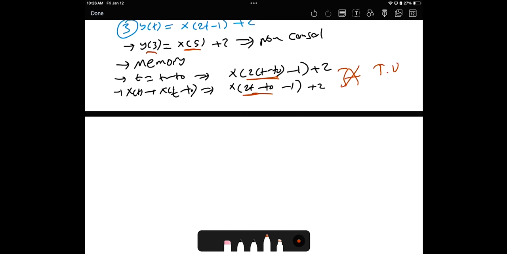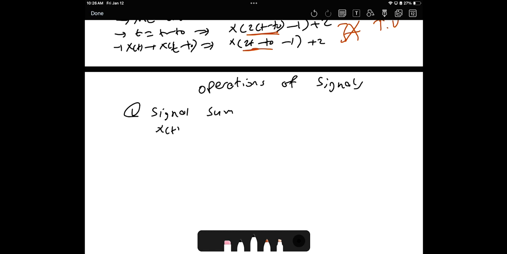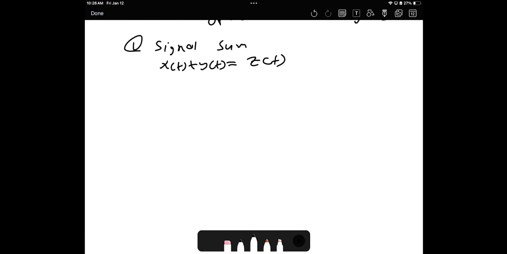Okay, let's go to operations on signals. It's going to be trivial and we'll know it. The first one is the signal sum. So if we have x of t plus y of t equals, for example, z of t, how will the system behave? Let's assume we have an x of t signal like this.